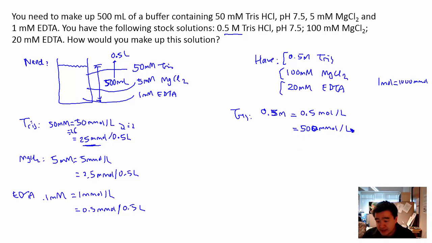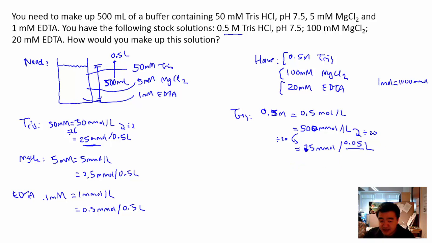This means that if we took out 1 liter of our stock, remember there's an invisible 1 there, we would be taking out 500 millimoles. We don't want 500 millimoles though, we want 25 millimoles. To get from 500 down to 25, you have to divide by 20. Therefore, to get from 1 liter down, you also divide by 20. So this would be 0.05 liters.